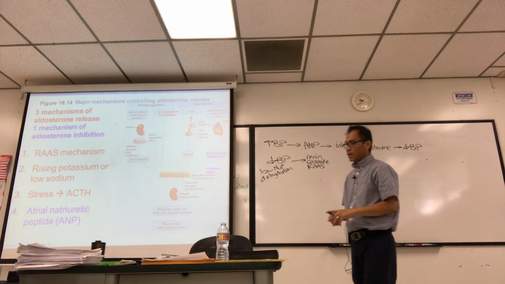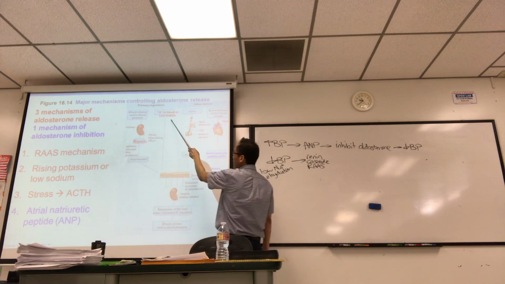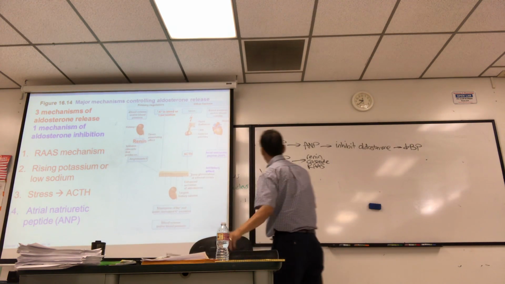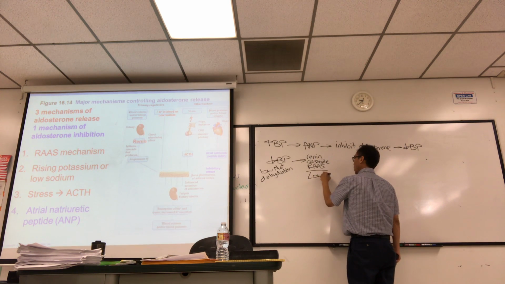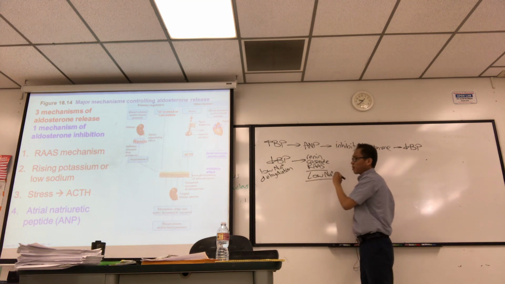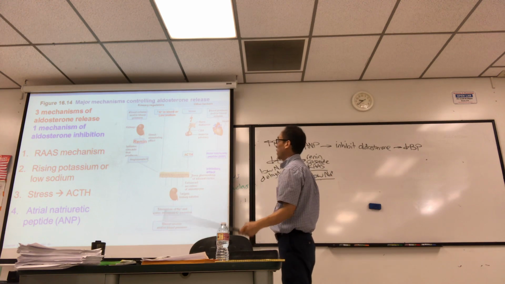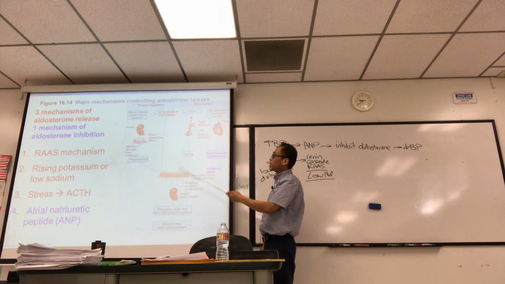Another way is a humoral effect. If there's low sodium in the blood, that's a direct stimulating effect on the zona glomerulosa. Low sodium can directly affect the zona glomerulosa. Thirdly, the stress of being dehydrated. Usually if you're dehydrated, you're stressed probably.